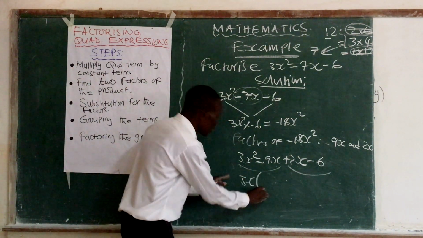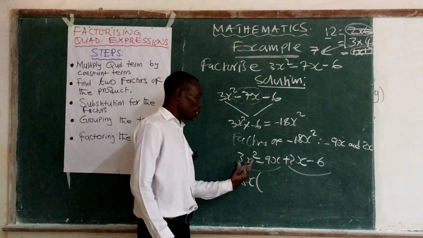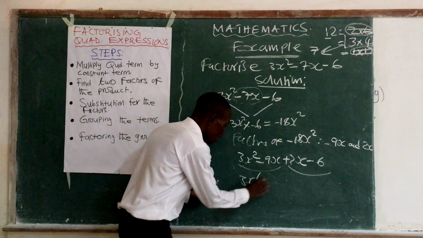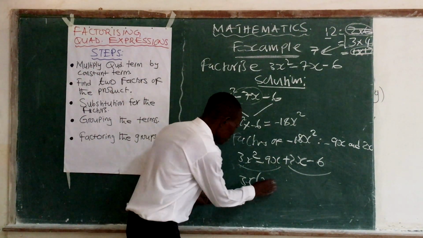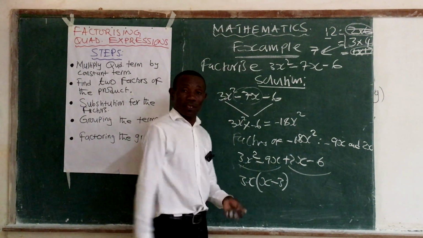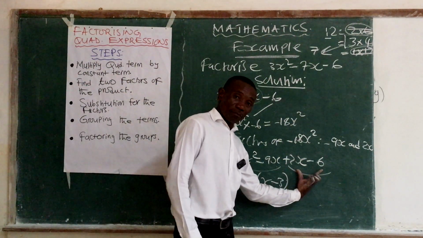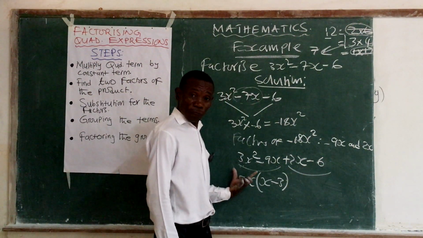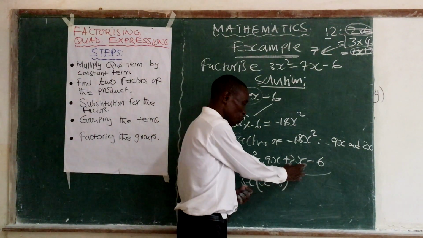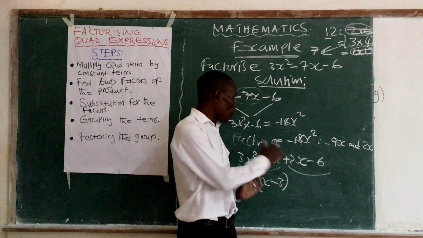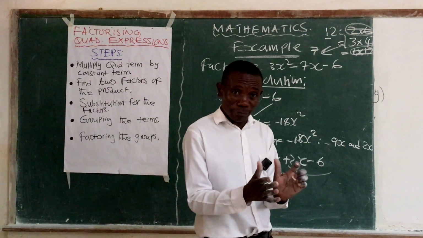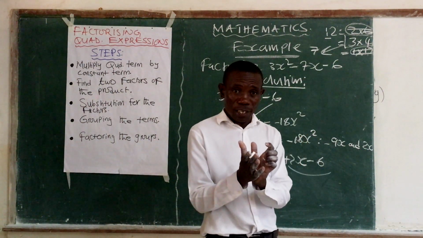Then I open the bracket. 3x divided into 3x squared gives me x. 3x into negative 9x gives me negative 3. Then I'll go to this group again and do the same. Find a common factor that can divide into 2x and negative 6. But when you're finding the factor for the second group, be careful.